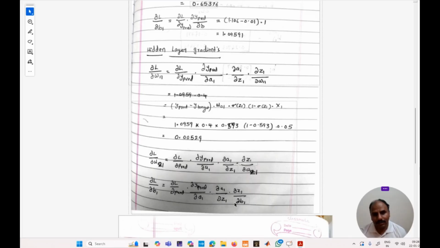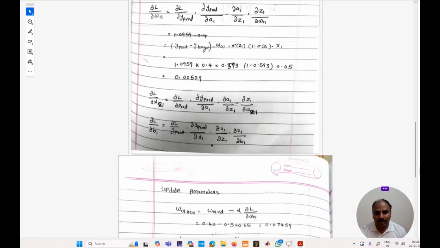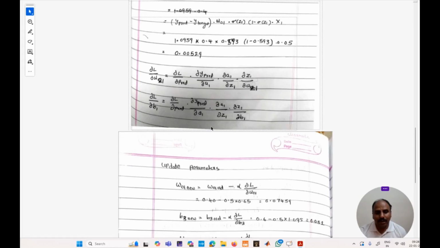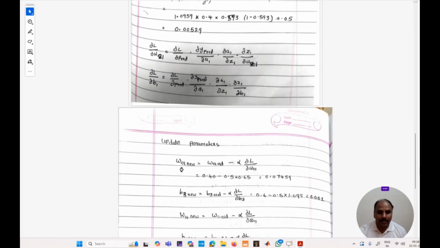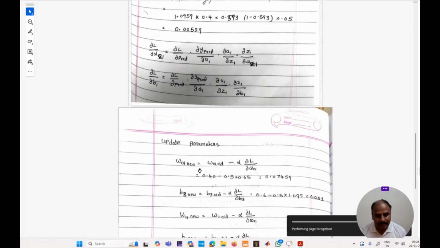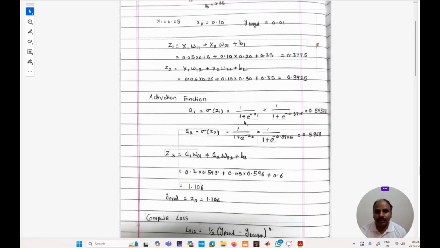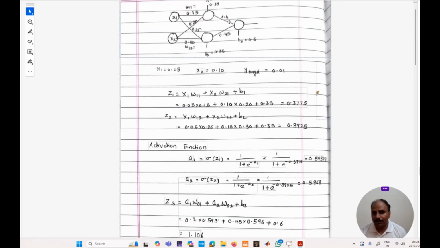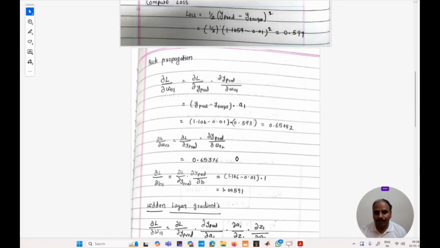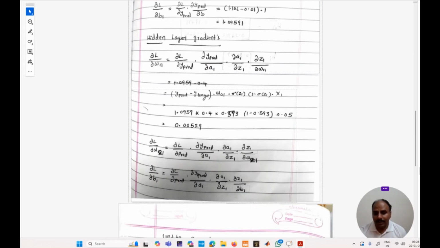After obtaining all of these, you have to go for the new weights. For W01, what is the formula for the gradient descent algorithm? It is W01 new equals W01 old minus alpha times ∂L/∂W01. W01 old we already know, here it is 0.4.